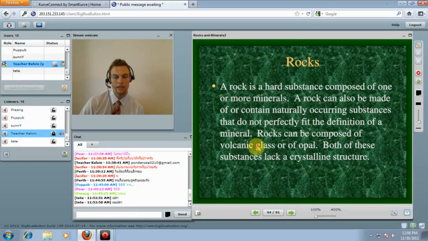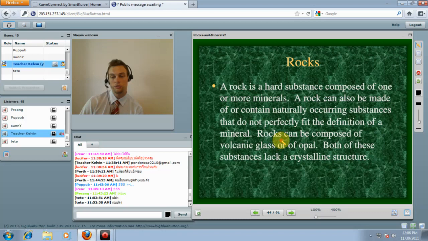So volcanic glass, I don't know if you guys have heard about volcanic glass, but it's really interesting stuff. I don't know if you know how glass is made, but it's generally the heating up of sand or silicates. And when you heat them up and spread them out evenly, they form this glass, which is see-through. We all know glass is windshield.